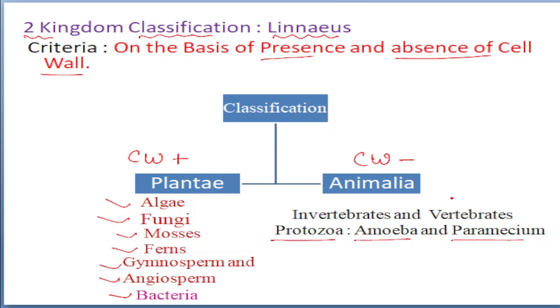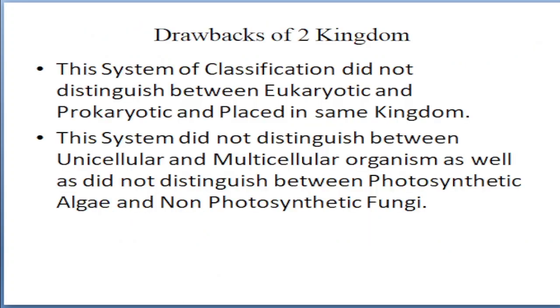But there are some drawbacks of the two kingdom classification. So let's understand the drawbacks. Now, the very first drawback is that the system did not distinguish between eukaryotic and prokaryotic and placed them in the same kingdom.